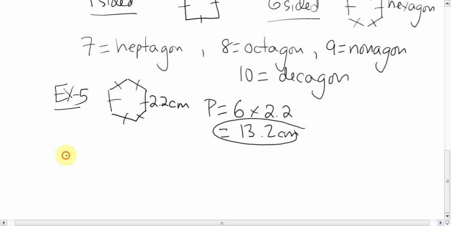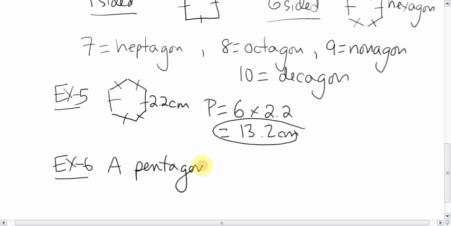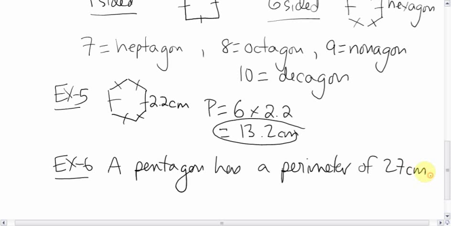Okay, one last example. Let's say you had something like this. Word problem here. A pentagon has a perimeter of 27 centimeters. What's the length of each side?